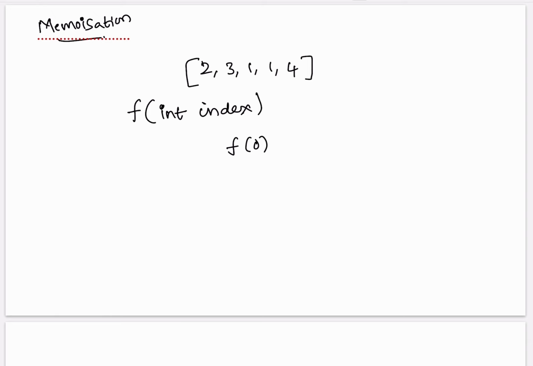The possibilities to jump from index 0 are 2. You can take jump 1 or 2. So we have to generate 2 possible cases now. One is jump 1 and you are staying at index 1, with the jump counted as 1, and the other is staying at index 2.